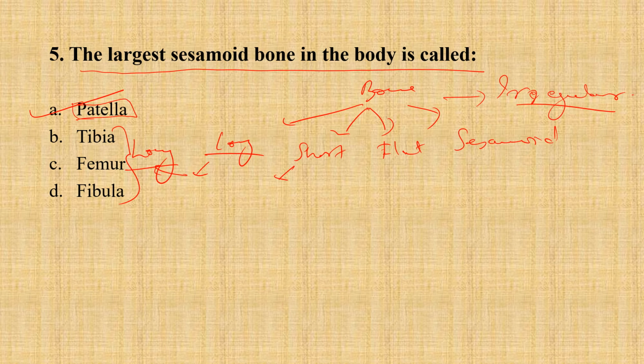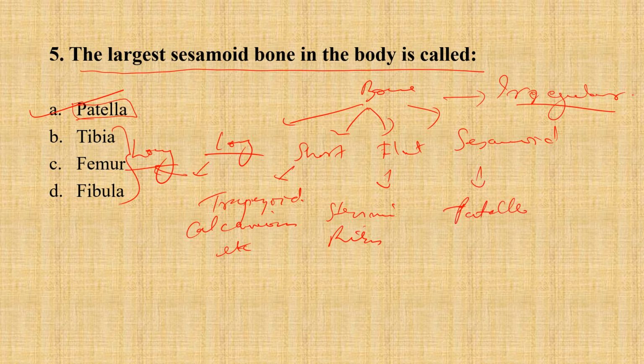Whereas short bones are like trapezoid, calcaneus, etc. Then flat like sternum, then ribs. Sesamoid bone like patella, and then carpal bones. Whereas irregular bones are like vertebra, etc.